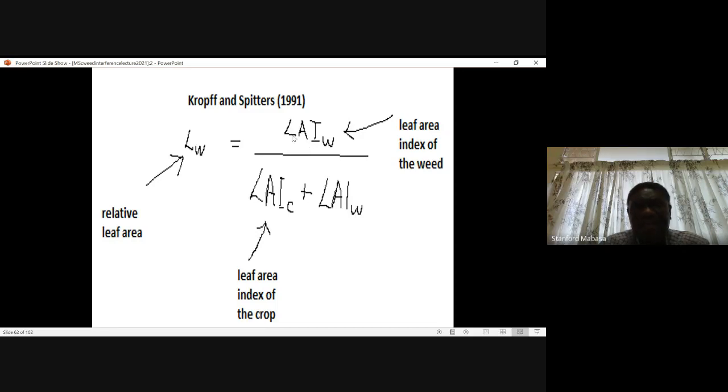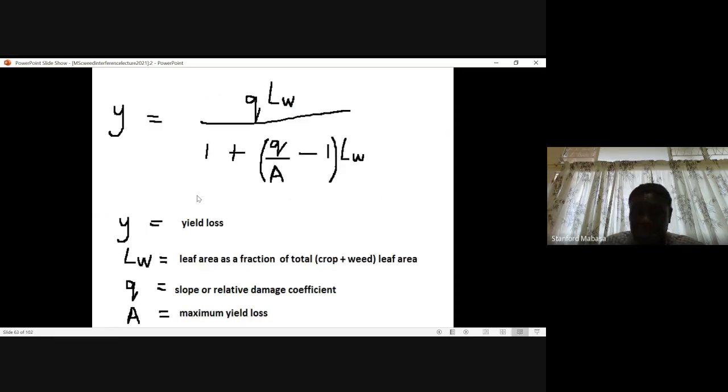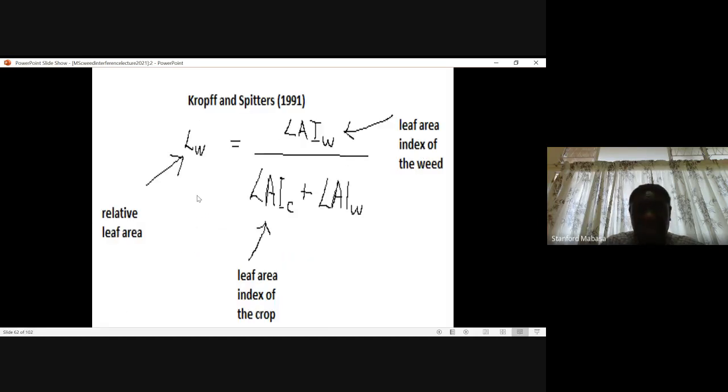You divide the leaf area index of the weeds by the sum of the leaf area index of the crop and leaf area index of the weeds. So that ratio gives you relative leaf area. So instead of weed density, they proposed the use of relative leaf area. And this is how relative leaf area is obtained.